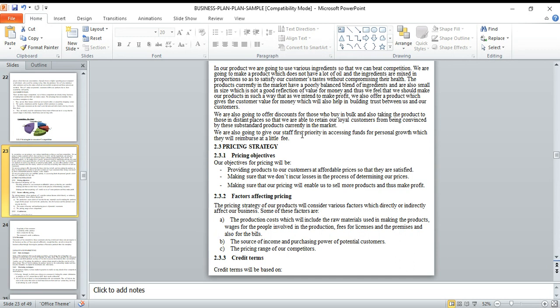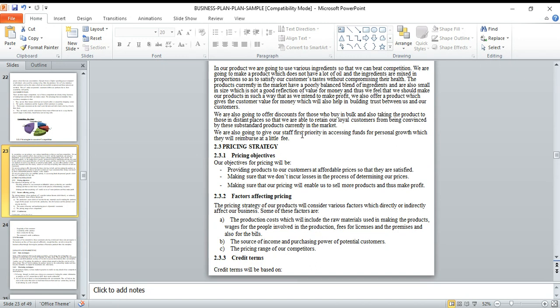We are also going to offer discounts. So these are things that you need to list, whether you will offer discounts to your clients, or whichever way that you see will be of benefit to you over your competitor. That is what you need to put here as the strategy to beat your competitors.